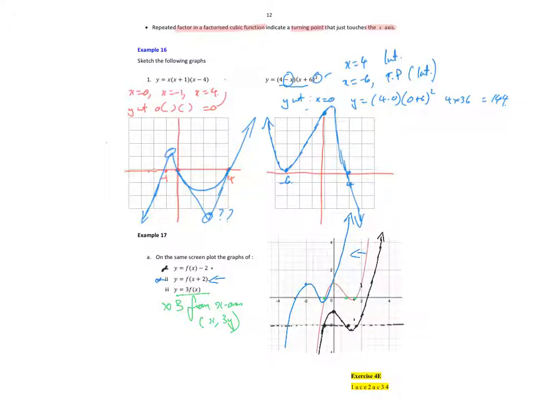Y value here is 1, so it comes up to here to about 3. That turning point, 3 times bigger, so maybe about there. So just everything is sort of steeper. So we come up, down, and we just get everything up 3 times bigger. So something a bit like that. All right.